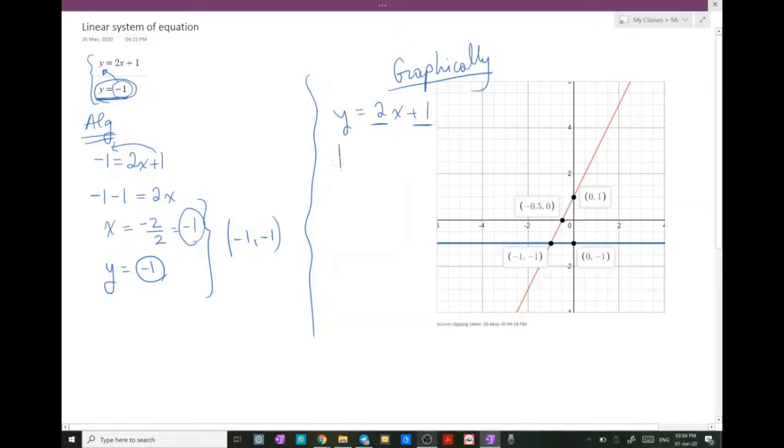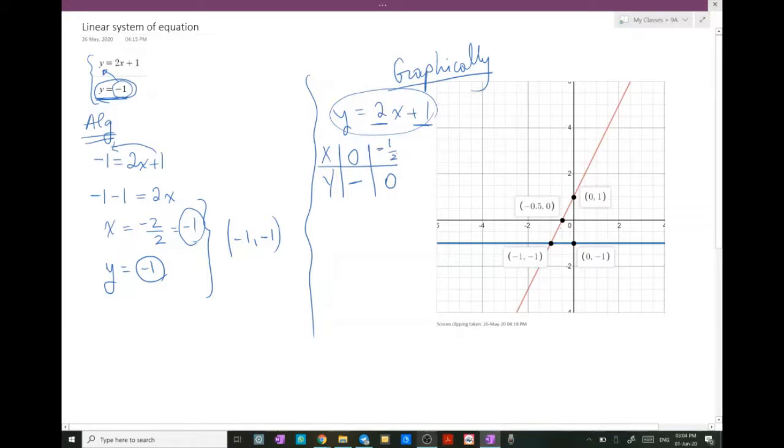In order for us to draw it, we need to use the table of intercepts. When x is 0, y is 1, and when y is 0, you solve for x and you get minus 1 over 2.